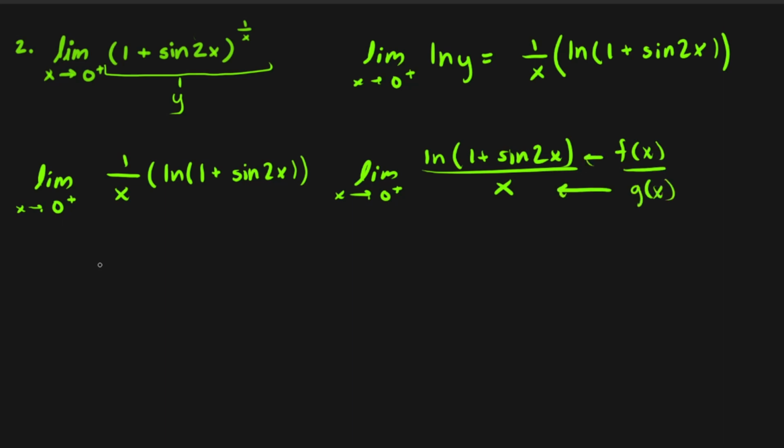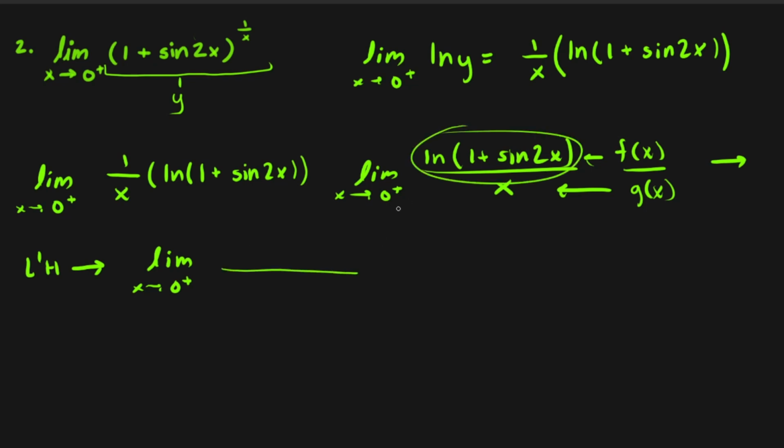And now let's take the derivative. Again, I'm going to write my little arrows to signify that I'm using L'Hopital's rule. And I'm going to have the limit as x approaches 0 from the right of f prime. So let's take the derivative of ln of 1 plus sine 2x.